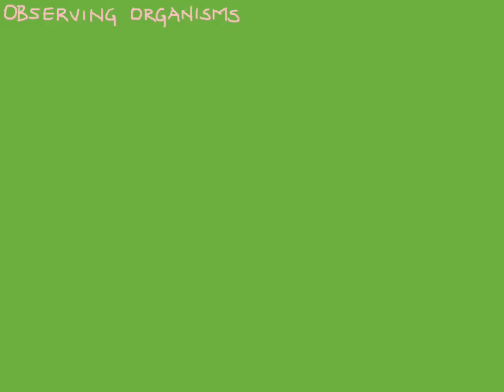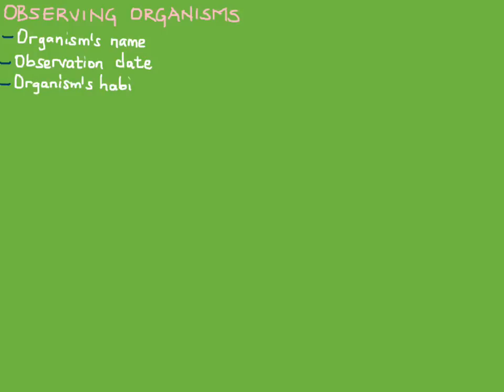It is also important to note the name of the organism being observed, the date of observation of the organism, the habitat or home of the organism, such as a lake, river, a marshy area, a tree, or a mountain top, the time of observation of the organism.